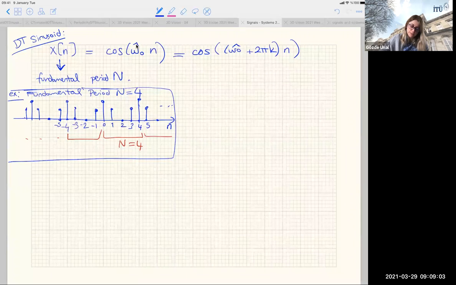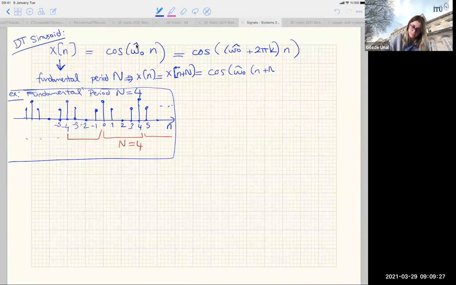So I know x of n is equal to x of n plus N. Let me write it here: x of n is x of n plus N, which is cosine of omega 0 hat times n plus N. Now equate these two.